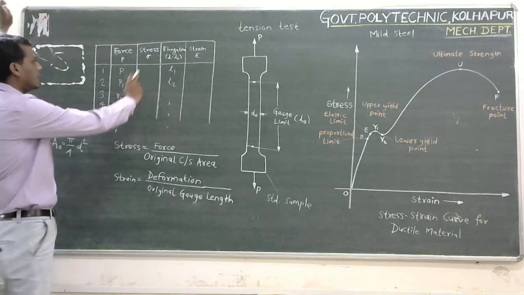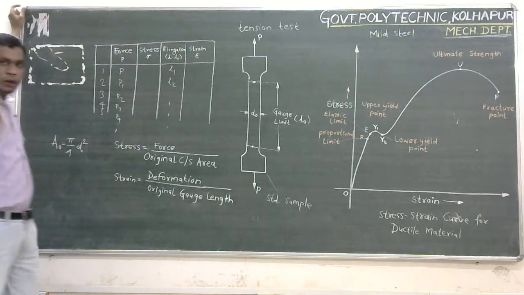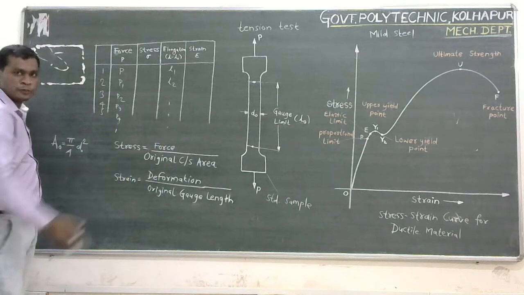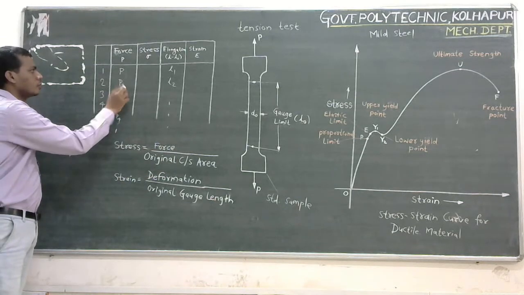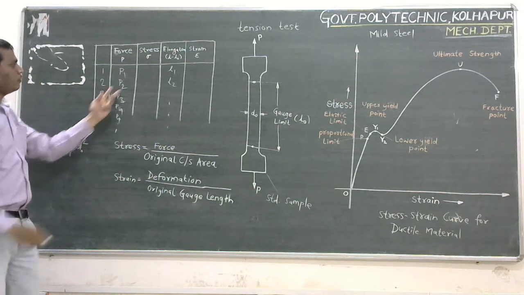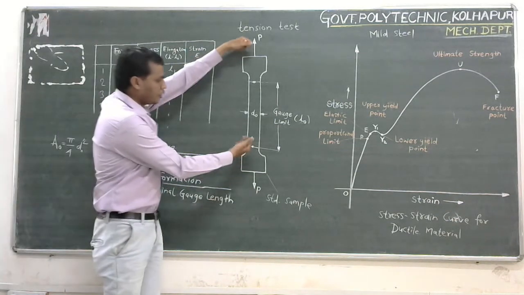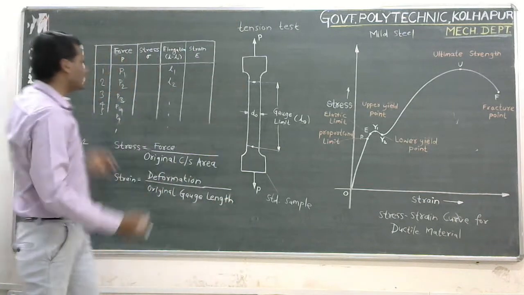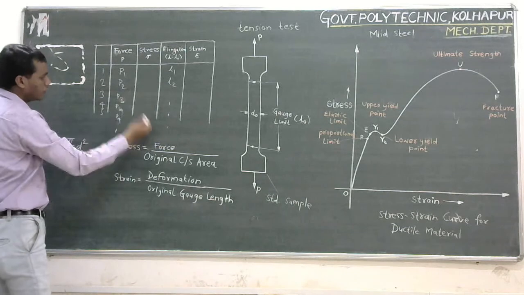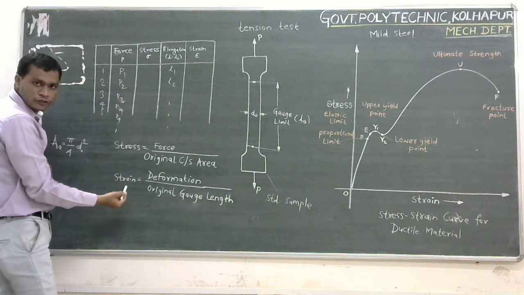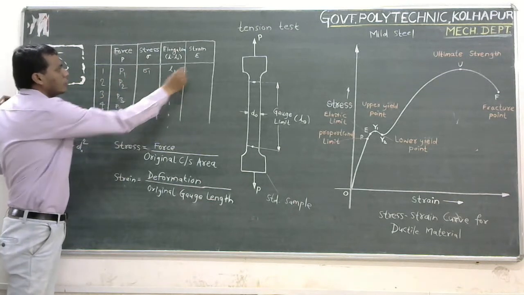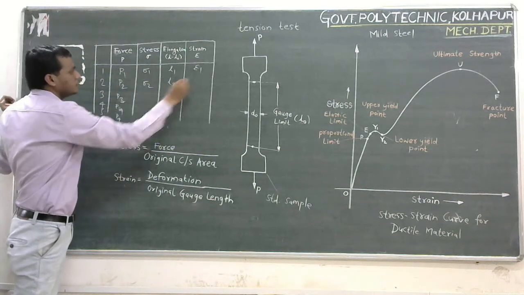So after taking this value of stress and strain for one load, the load is gradually increased to a higher value. The second value may be, suppose this is P1, this is P2. Then for that second value, again the sample is elongated. So due to this elongation, we can again calculate the stress for the second load, and calculate strain for the second elongation. Likewise, we can calculate all the values of stress and strain.